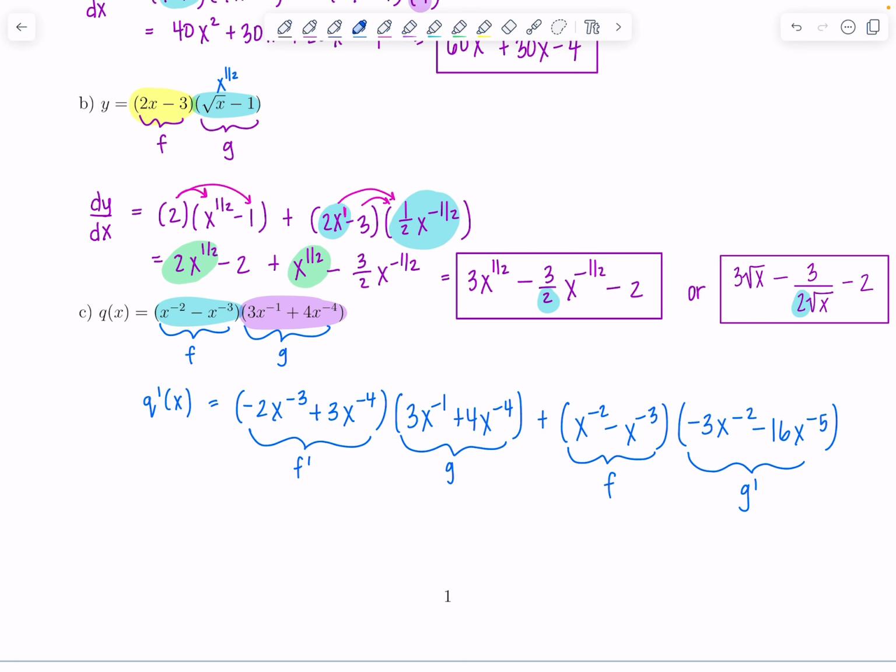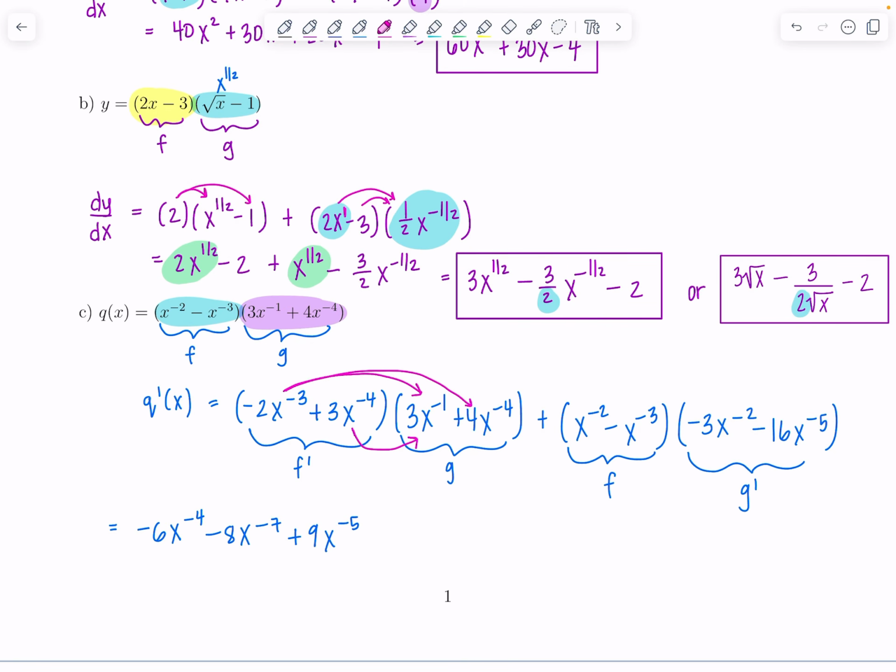Very good. Now I'm just going to start distributing everything. So we're going to have ourselves a little FOIL party. Okay, this is going to be negative 6. Add the exponents, x to the negative 4th. Then this is going to give us negative 8x to the negative 7th. Add those exponents. Then I'm going to come in here. This is 9x to the negative 5th, positive.